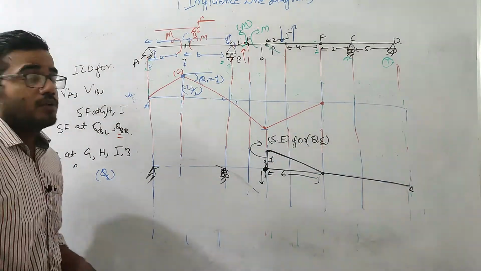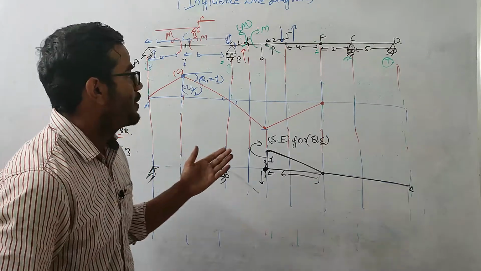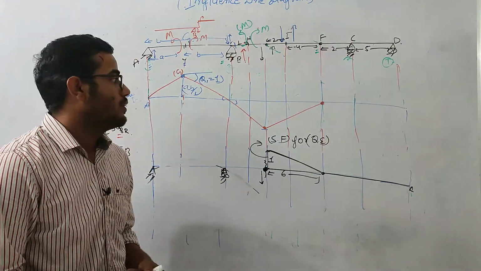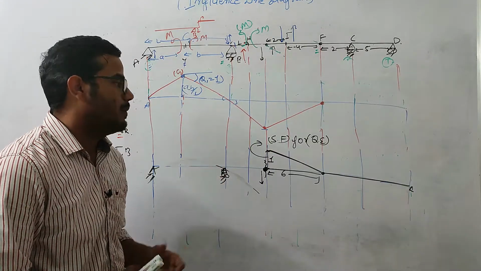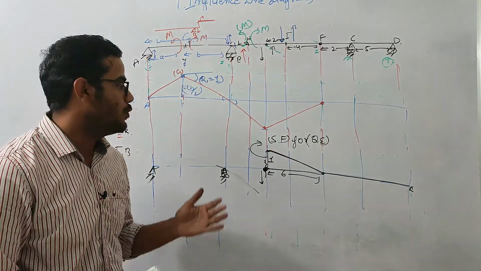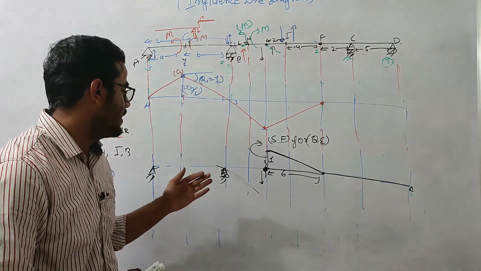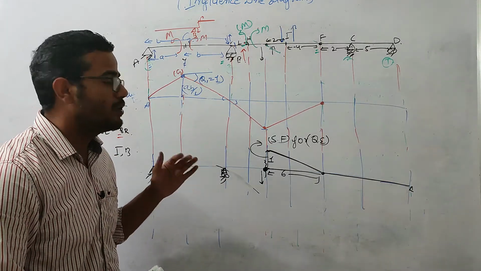Okay, guys, this is a detailed problem we discussed in the Mueller-Breslau principle. If you have any doubt regarding this problem, you can write in the comment section. Basically, you always need to think about the boundary conditions.